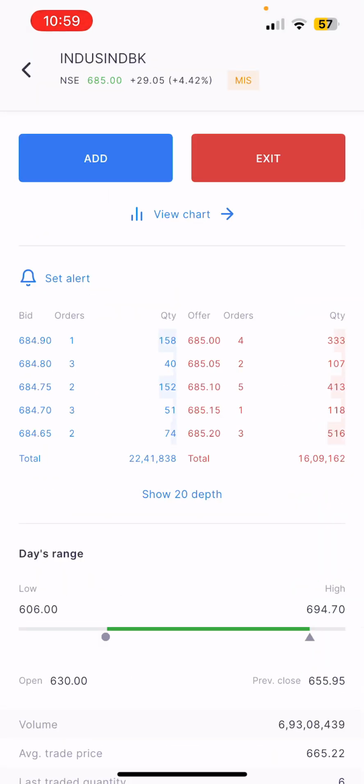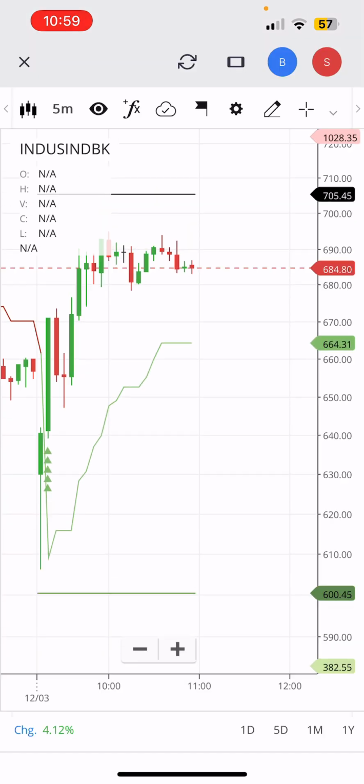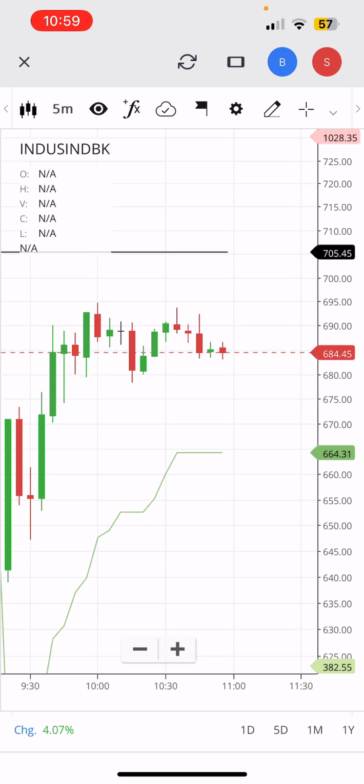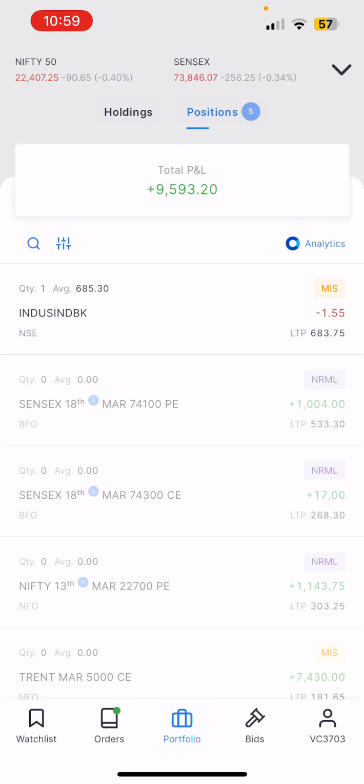So I need to wait and see. If I'm scalping in an intraday, I need to buy above 695, because 695, 1 2 3 4 candles give a resistance here. Now I bought this only to show you. Now 683, so below 680 I will exit, which is around 3 to 4 rupees loss.